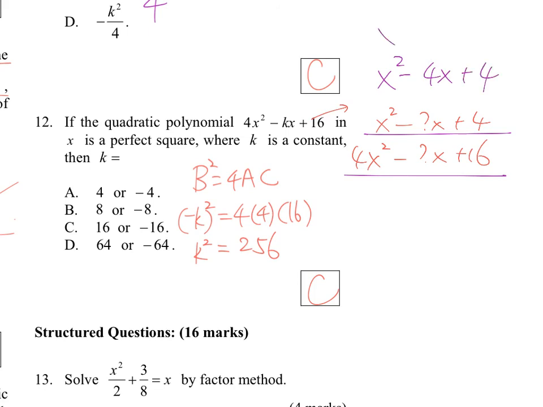This is a perfect square, this is also a perfect square, given that the constant term is 4, the coefficient of x squared is 1, you must have the coefficient of x to be 4 or negative 4, right? And you multiply the whole bunch of things by 4 to obtain the answer 16 or negative 16.